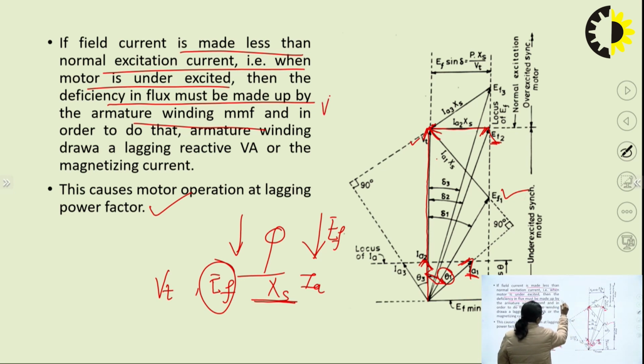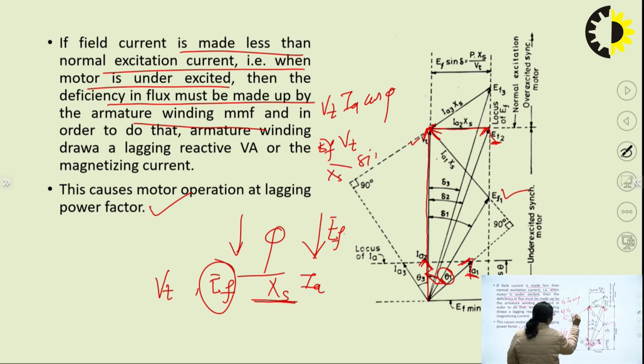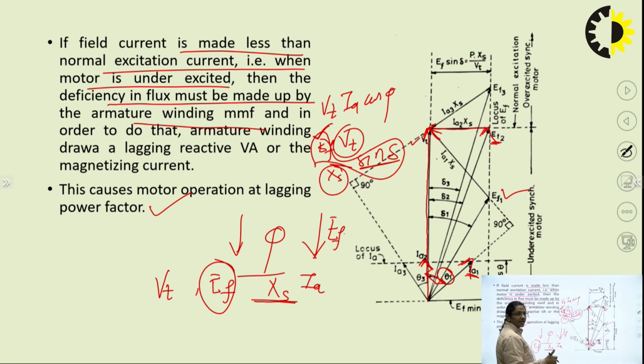That real power is given by either Vt Ia cos theta or EF Vt upon Xs sin delta, right? So, Vt and Xs are constant. EF sin delta actually varies, so that if there is a variation in EF, that variation would be accompanied by a variation in the load angle delta, so that EF Vt upon Xs sin delta remains constant.